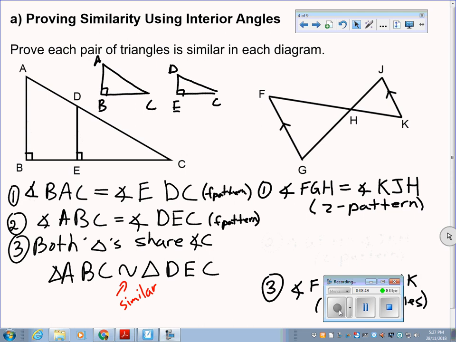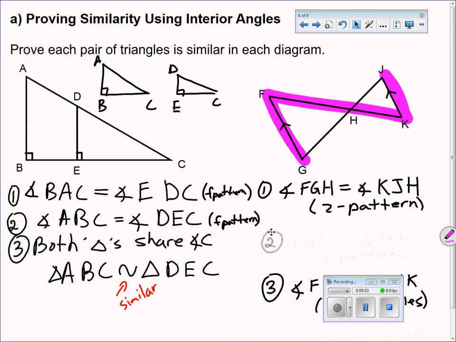That second Z pattern looks like this. Now that second Z pattern looks like that. So now our angle is going to be based on F and K. So when we write this out, we're going to have this going down. So we're going to have our second angle in our triangles to be GFH is the same as angle JKH.